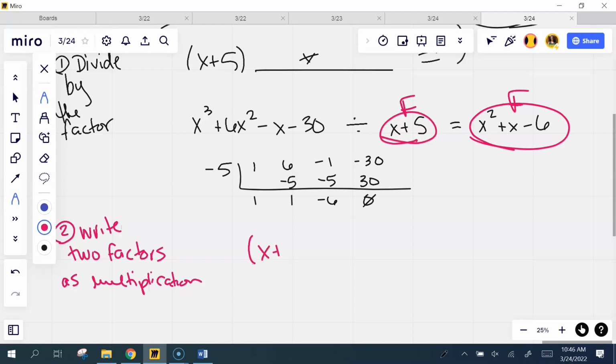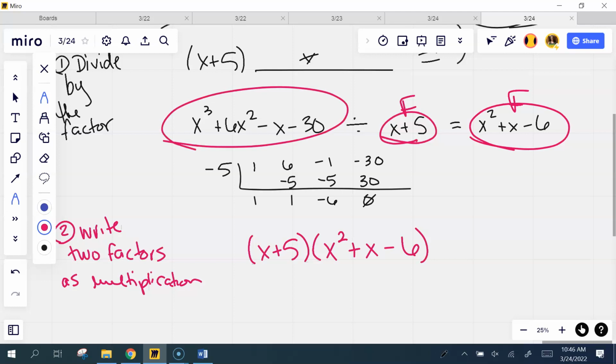So x plus 5 times x squared plus x minus 6 is the same thing as this. Do you agree? If I divided 6 by 3 and got 2, then I could say 2 times 3 is equal to 6, right? I did the same thing.